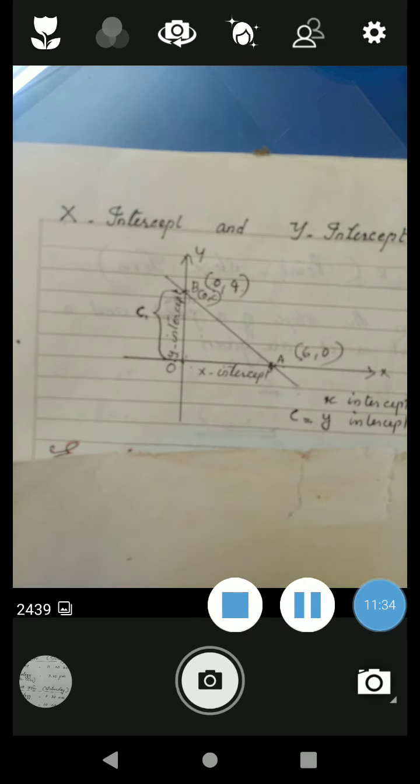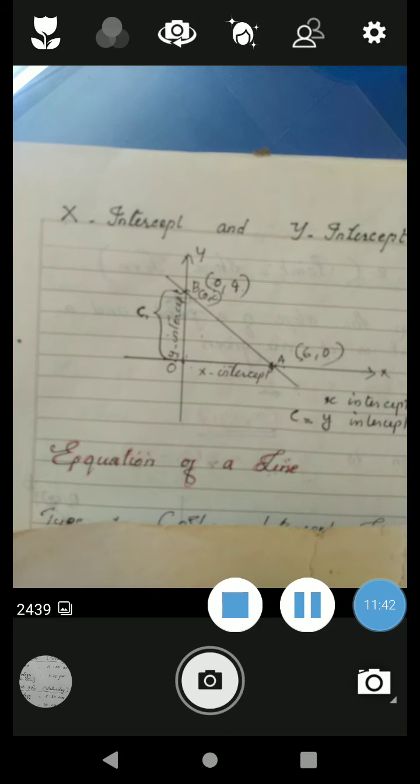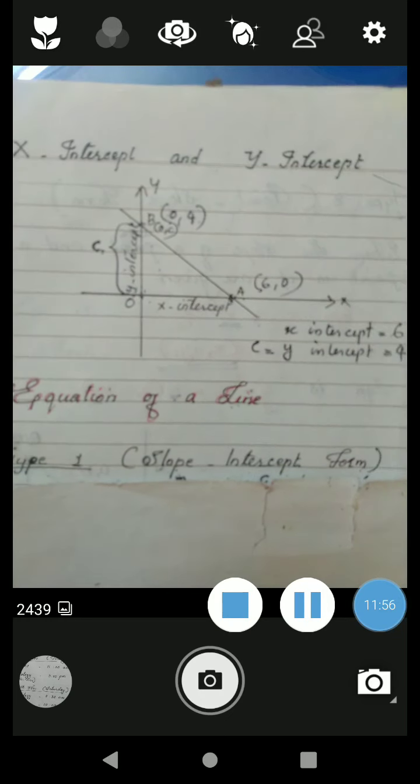Okay. Now we are going to learn about equation of a line. So remember all these things. There are 3 types of equation of a line.